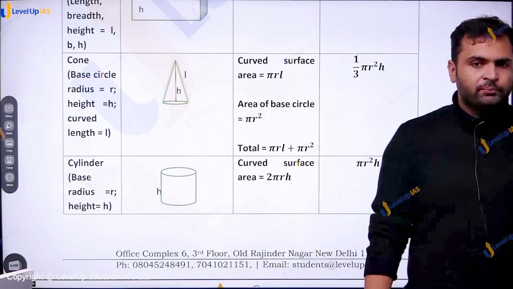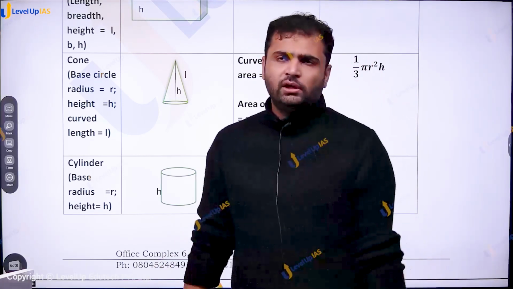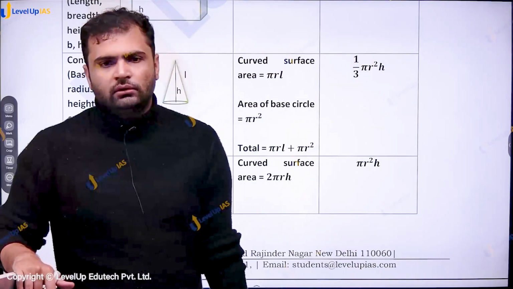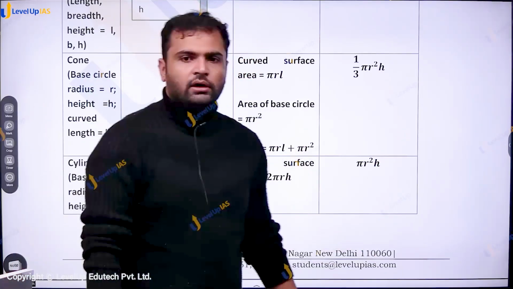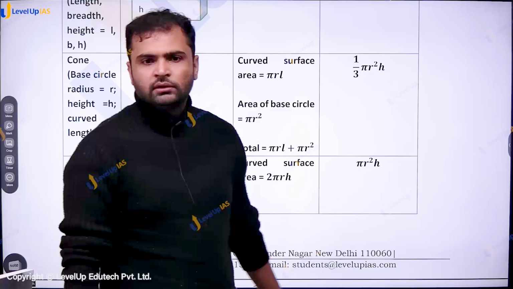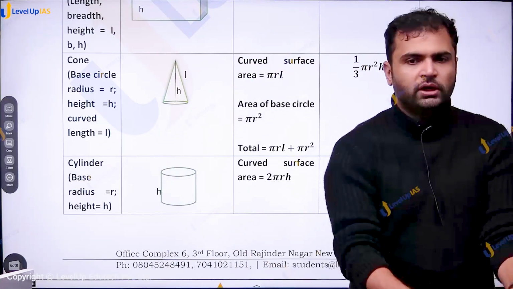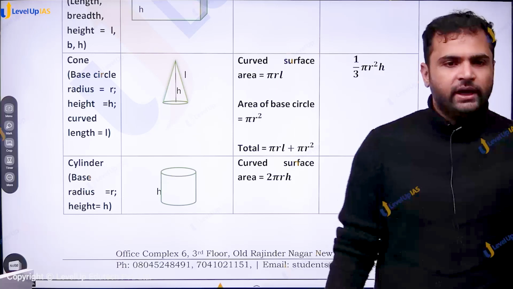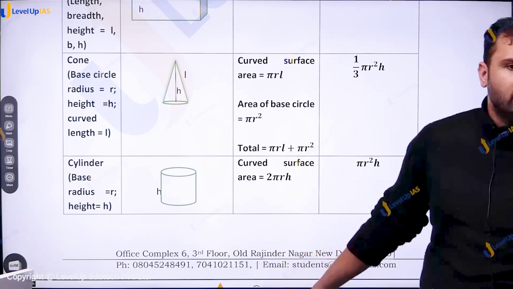For example, if you want to calculate cloth needed to build a tent of particular height and radius, the question is, you want to build a tent of particular height and particular radius, then how much cloth would you need? That kind of question.